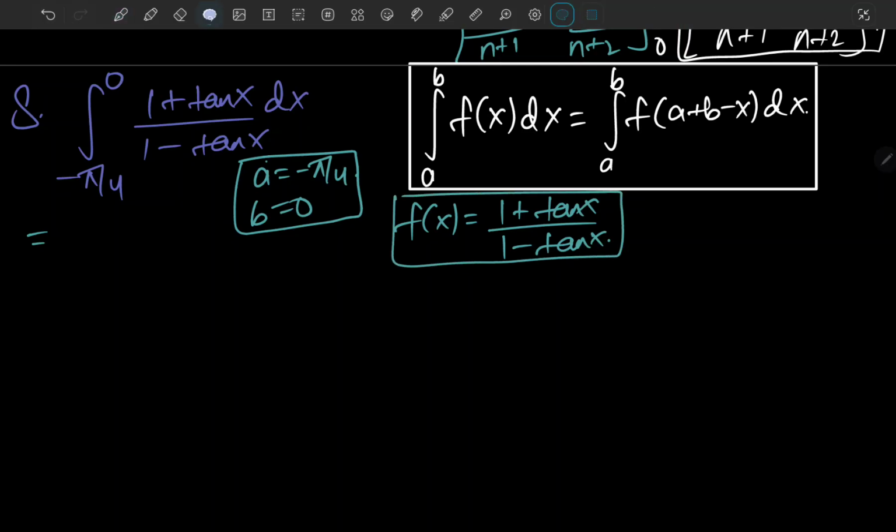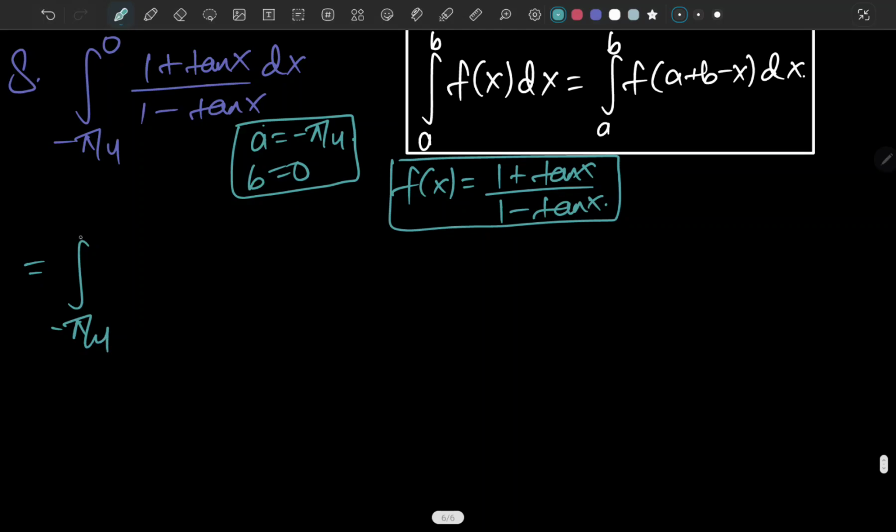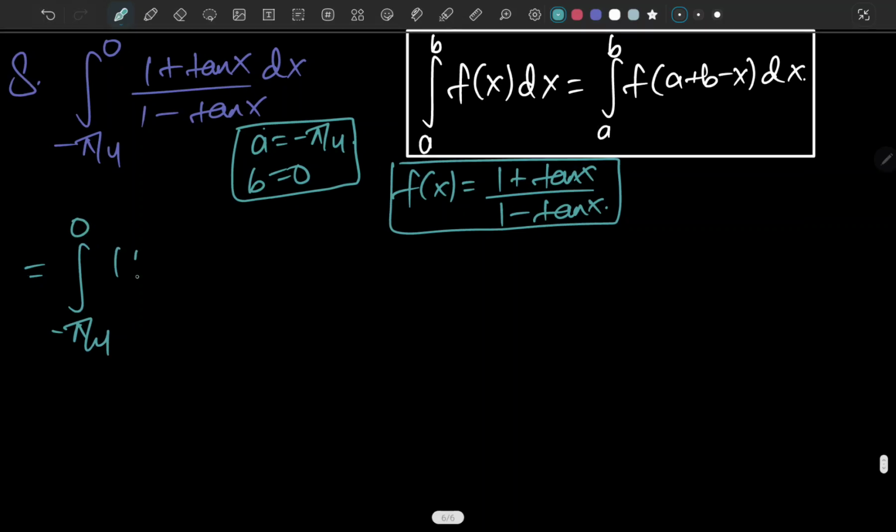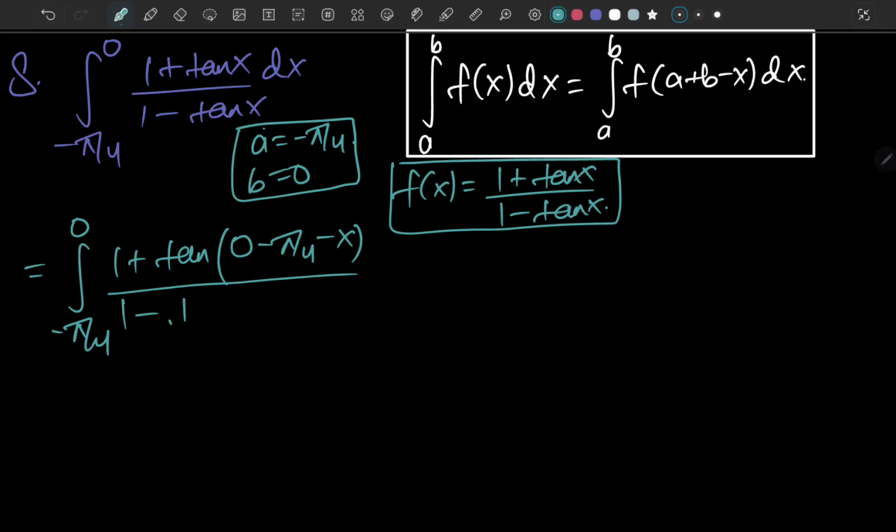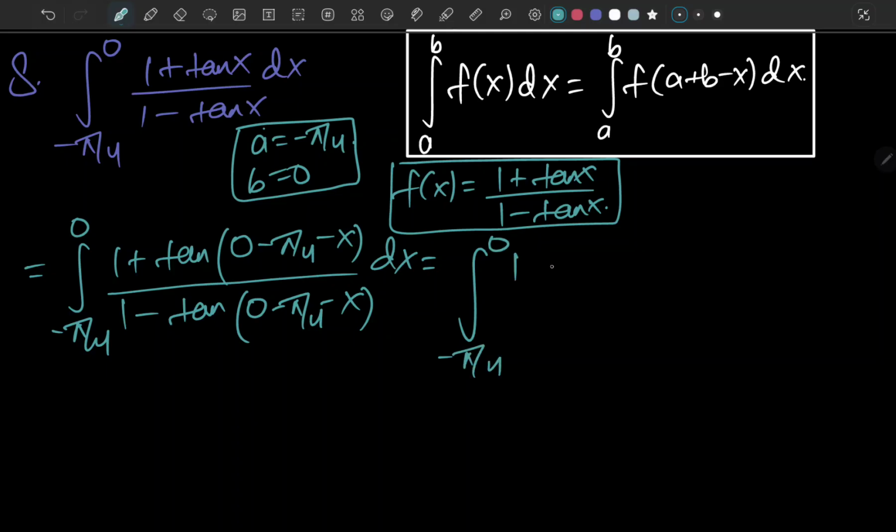So it becomes the integral from negative pi over 4 to 0 of 1 plus tangent of (0 minus pi over 4 minus x) over 1 minus tangent of (0 minus pi over 4 minus x) dx. Oh, I'm sorry guys. 1 plus tangent of negative of (pi over 4 plus x).